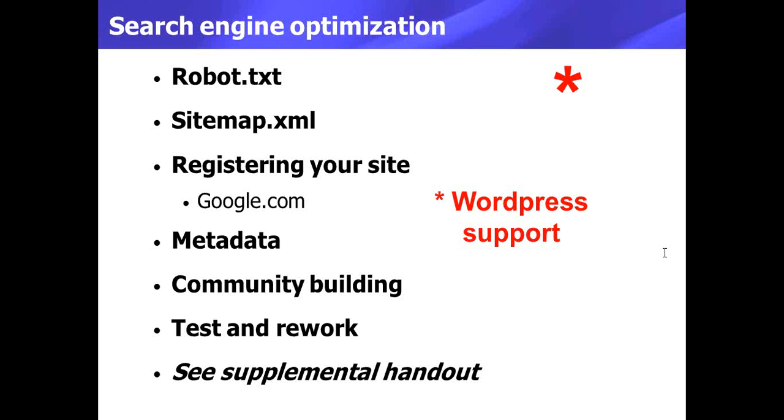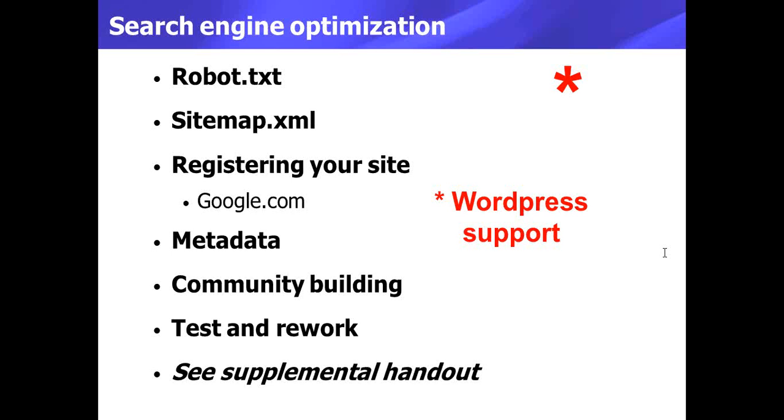Sitemap.xml is a little different. That also is a file that's going to go on your server, but this one has a list of every single URL that you're posting for public consumption, and that helps Google index your site. And creating this file can be kind of tedious.